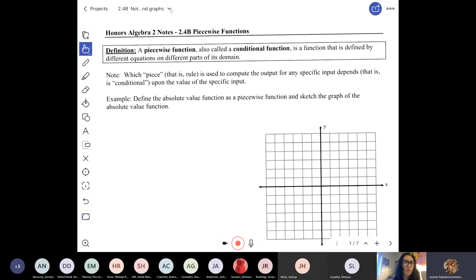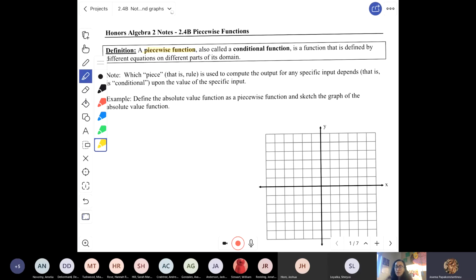So here we go. Piecewise functions. Okay, so piecewise functions. What is a piecewise function? A piecewise function, also known as a conditional function, that's another name for it. A piecewise function is a function that is defined by different rules, different equations on different parts of the domain, in different intervals. So depending on what your input value is on the piecewise function, you're going to use a specific part of the rule.